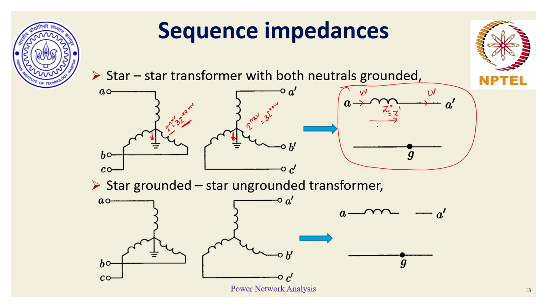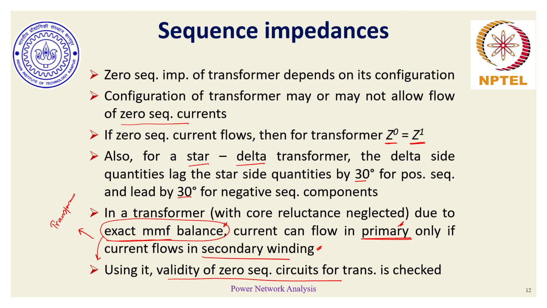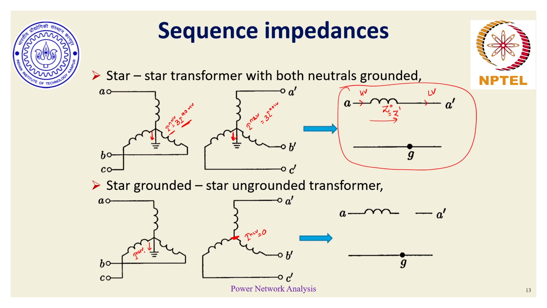In case the neutral is ungrounded, then the current might exist over here, but if there is no path for the neutral current to flow to the ground, because zero sequence current has to flow to the ground, then INLV is exactly 0, and if the secondary current is 0, by the MMF balancing act, this current, although there is a path, would also be 0, and that is what indicates this break between A and A dash. A is, let's say, the primary side, which could be the HV side or LV side, and A dash here refers to the secondary terminal.